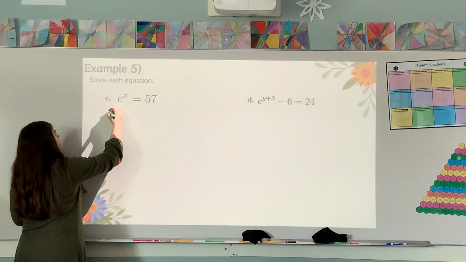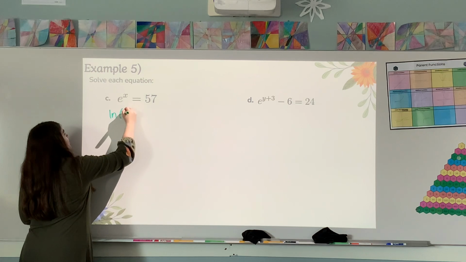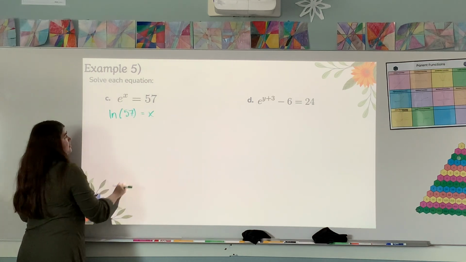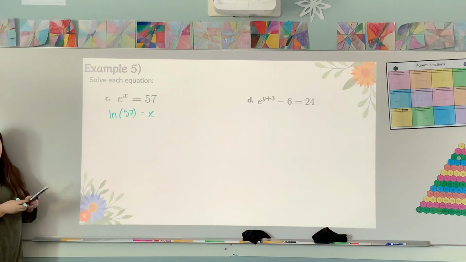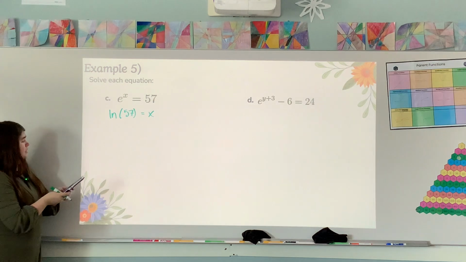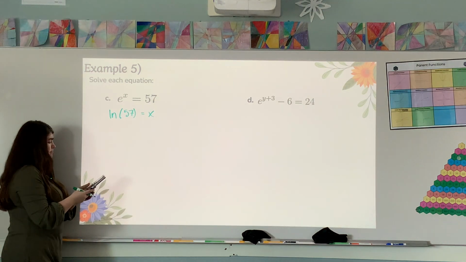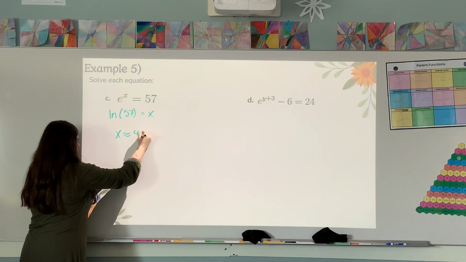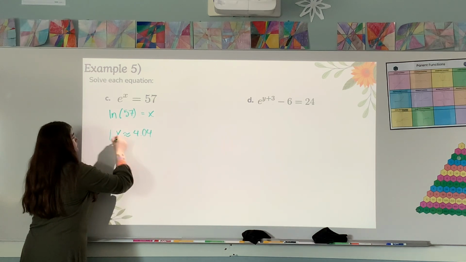So we have the natural log of 57 equals x. So on the calculator, we're going to press the natural log button, which was the same one we were using for e to the power of x, but you don't have to press second this time. So I have the natural log of 57, which gives me x is approximately 4.04.